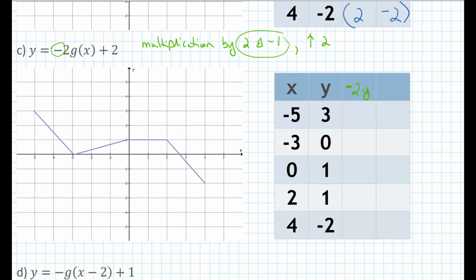Is x also y? Yes, but it's before it's been transformed. The y is after the transformation. So it's 2 different values. The g of x is the original function, and then we're renaming it as y because we're transforming it.